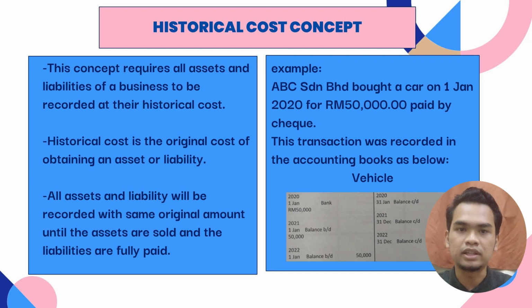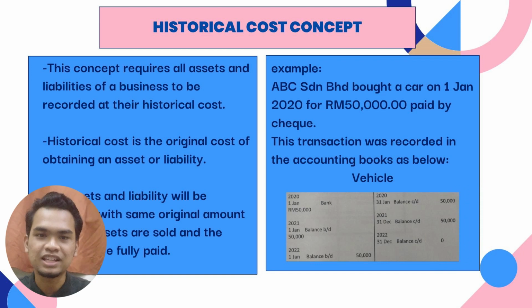All assets and liabilities will be recorded with the same original amount until the assets are sold and the liabilities are fully paid. For example, ABC Sendirian Berhad bought a car on 1 January 2020 for 5,000 paid by cheque. This transaction was recorded in the accounting books.